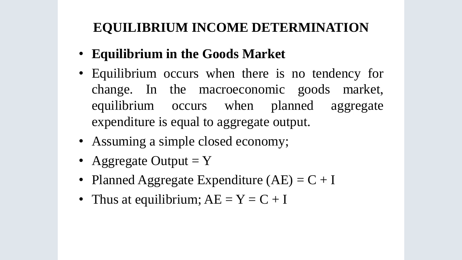So first we need to analyze equilibrium in the goods market. Now equilibrium normally occurs when there is no tendency for the variables in the economy to change.